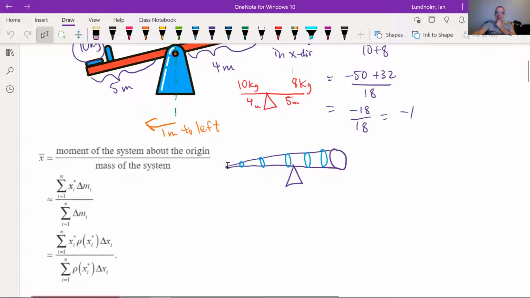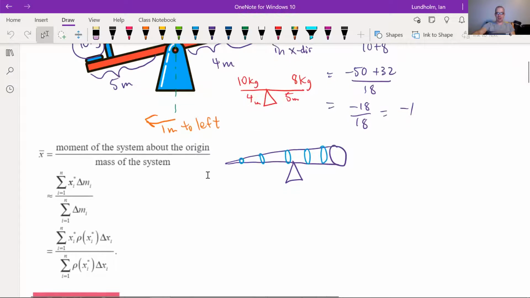If we were adding up a bunch of cross sections, that would be an approximation until we kept making the number of cross sections larger and larger, using the limiting process to make this, instead of just being something discrete, into an entire continuous integral.